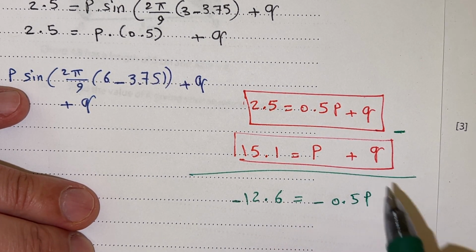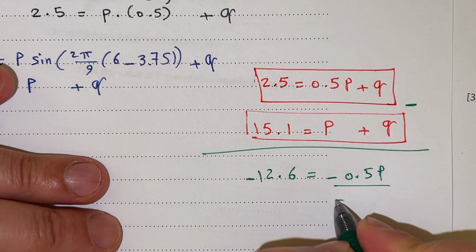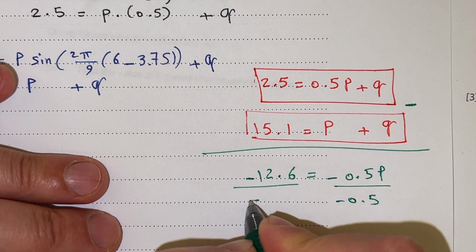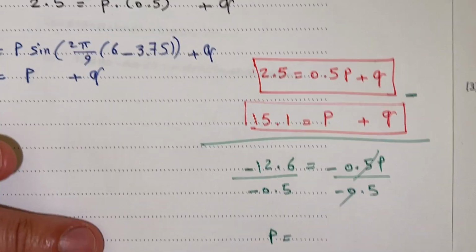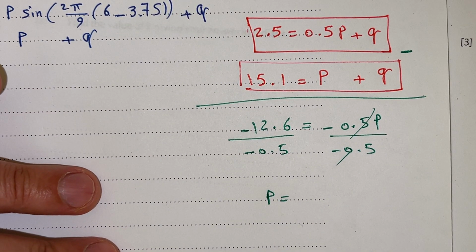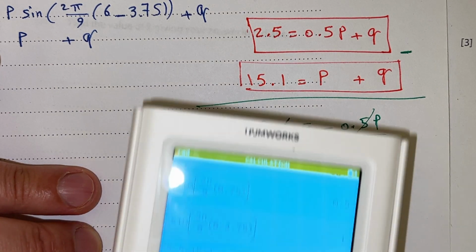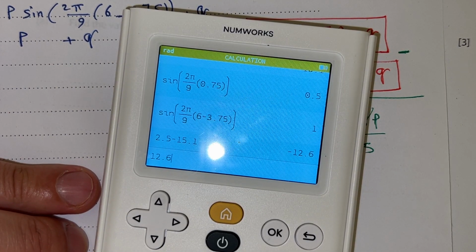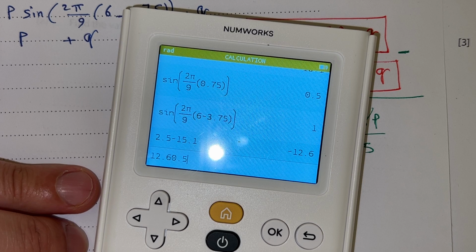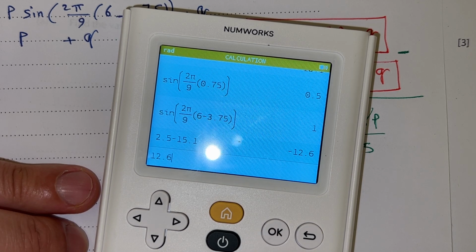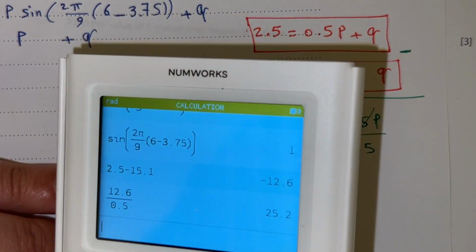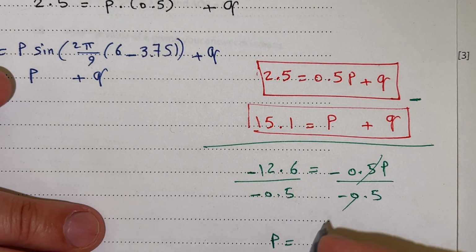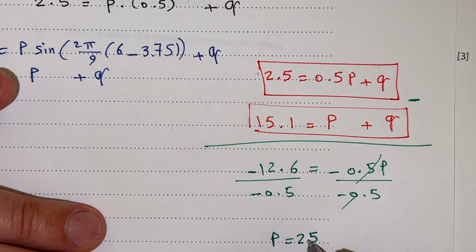And q minus q is 0. Now if I divide both sides by negative 0.5 to isolate p, let me divide 12.6 by negative 0.5. It's 25.2. So p is 25.2.